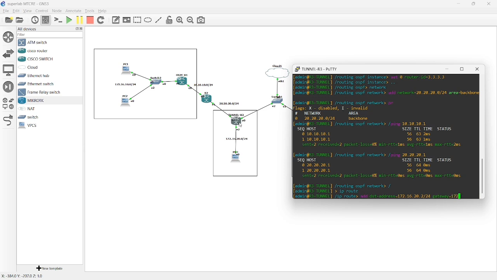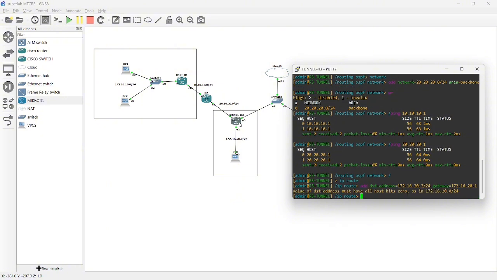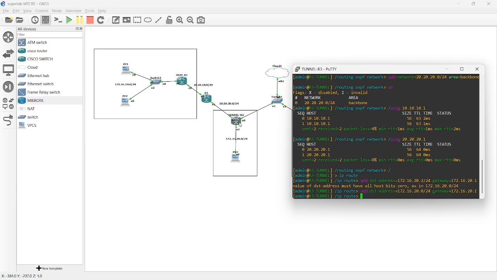Okay, next we add the static route with the destination address and the gateway. Actually, this is 0. Okay.